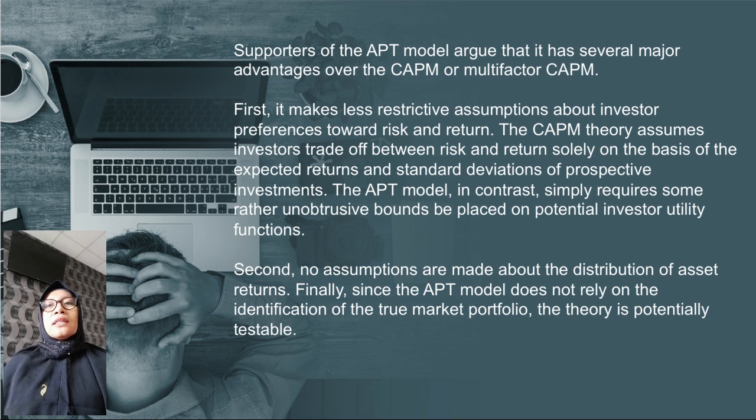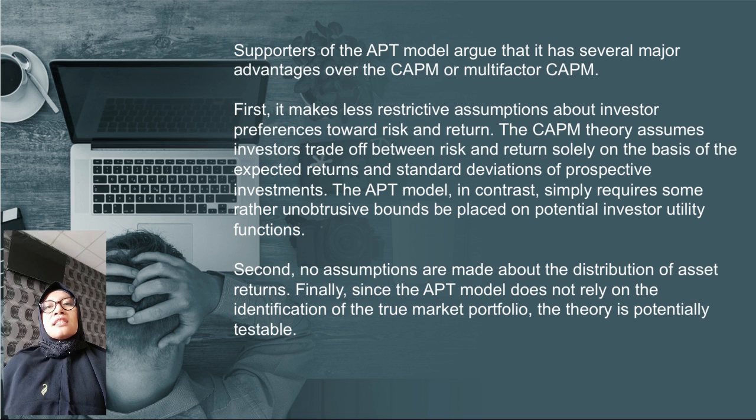The APT model, in contrast, simply requires some rather unobtrusive bounds be placed on potential investor utility functions. Second, no assumptions are made about the distribution of asset returns.